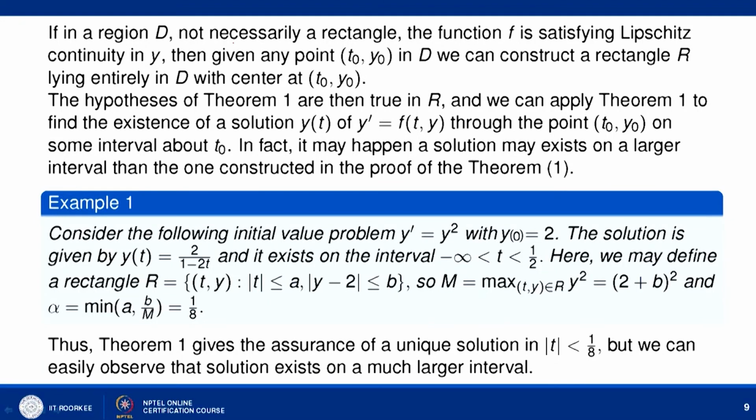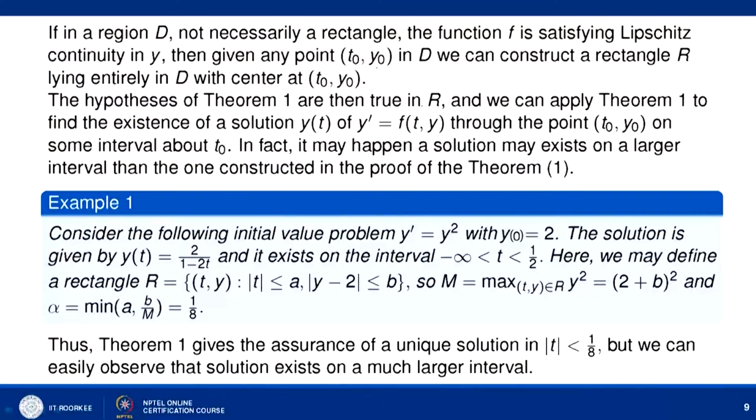Moving on, next we can summarize that if in a region D, not necessarily a rectangle, the function f is satisfying the Lipschitz continuity in y, then given any point (t0, y0) in D, we can construct a rectangle R lying entirely in domain D. So, it means that you initially start with a region D where this f(t, y) satisfies the Lipschitz condition.